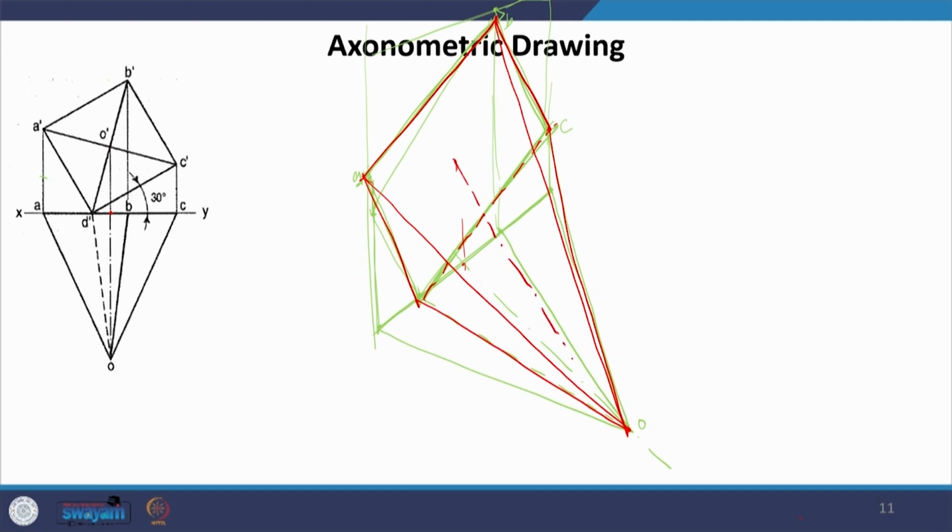So, you can draw the axis as well, and this is what we are going to get. And if we just join these, you will see that you have actually arrived at the correct point.